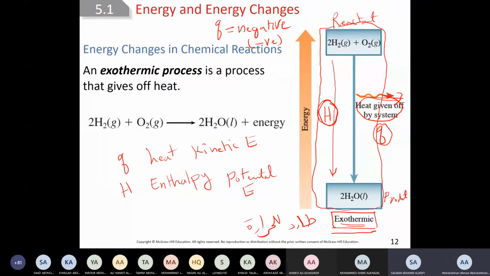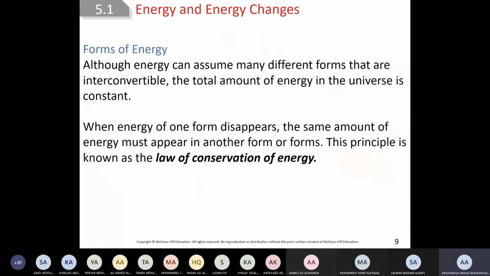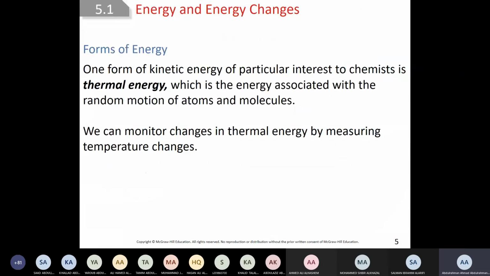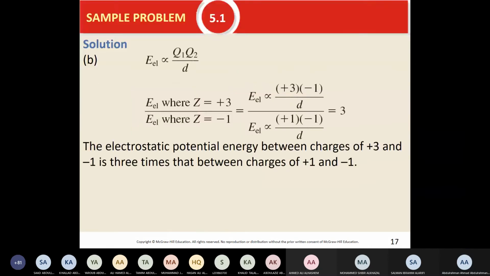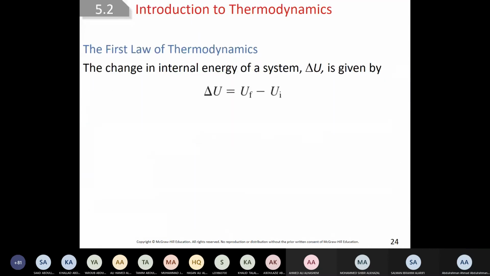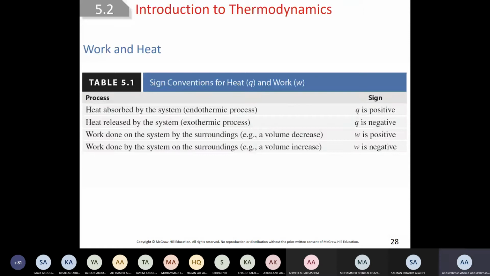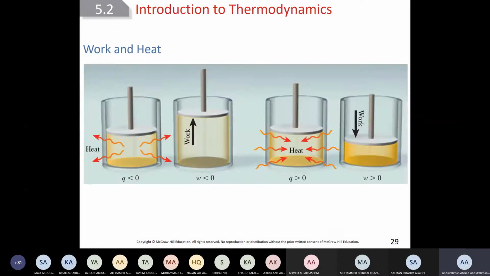From system to surrounding. This table you must memorize very well. Don't forget it. As I said, you must memorize this table extremely well.